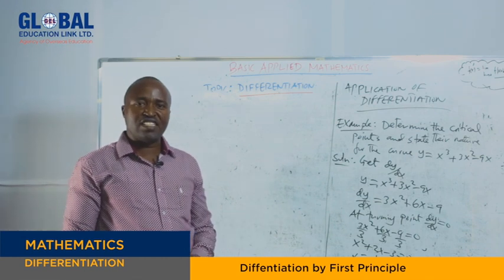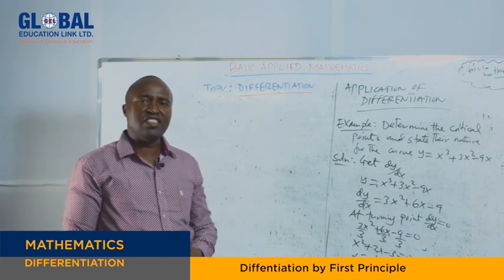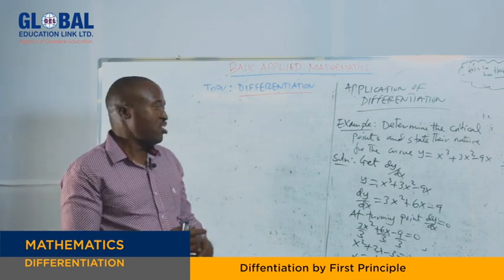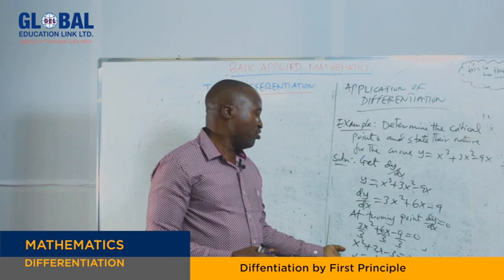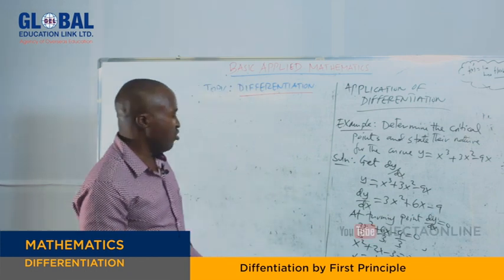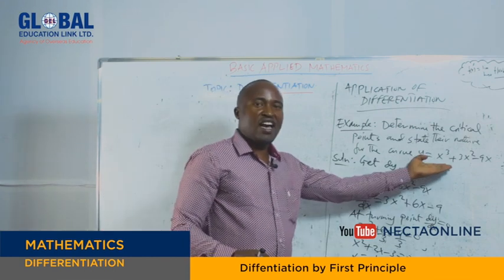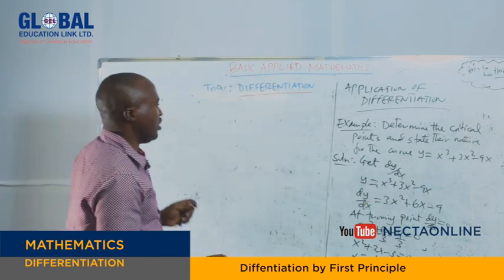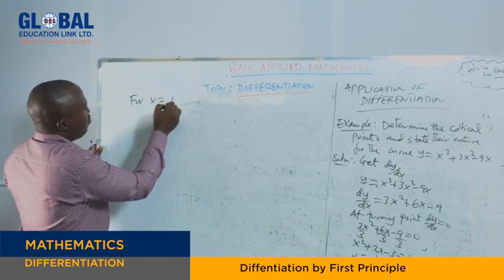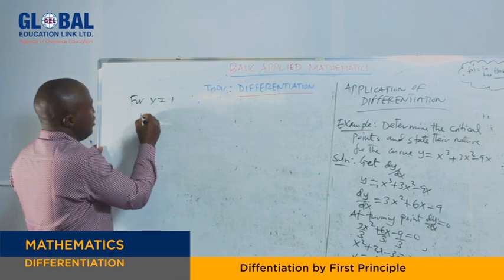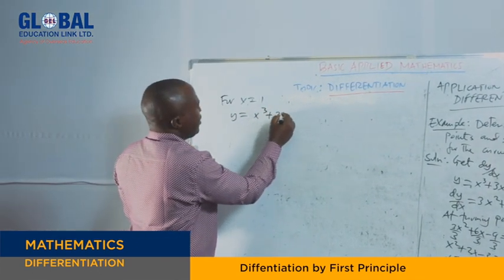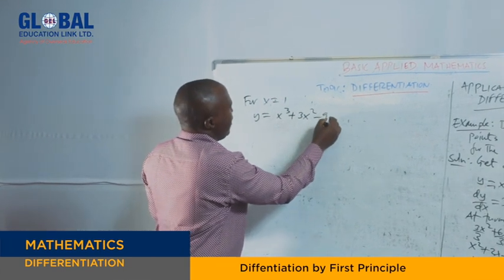Now we have values of x. And remember, our intention is to find the critical point, or the turning point. So we have to find the values of y by using these values of x. So we have to substitute values of x in the given equation. For x is equal to 1, remember we have y is equal to x³ plus 3x² minus 9x.